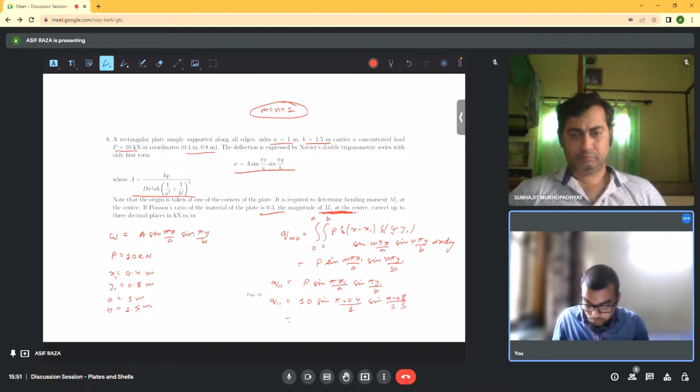So 0.4 pi sine, and sin 0.8 pi upon 1.5, into 10.